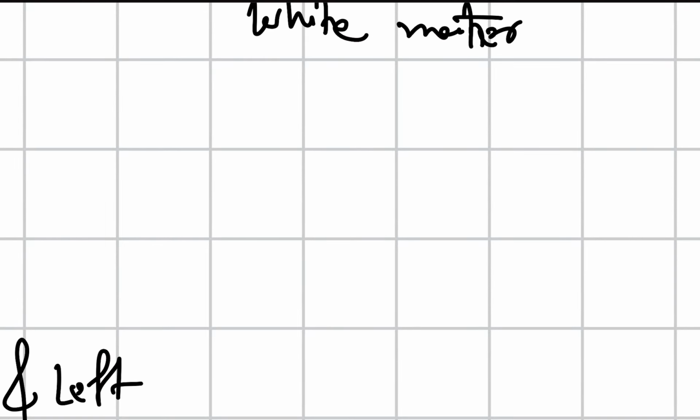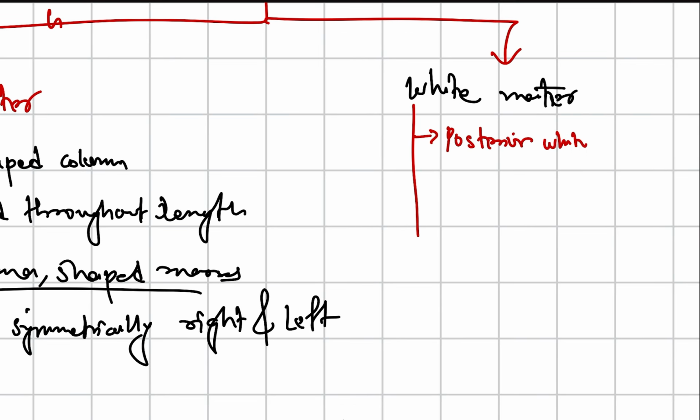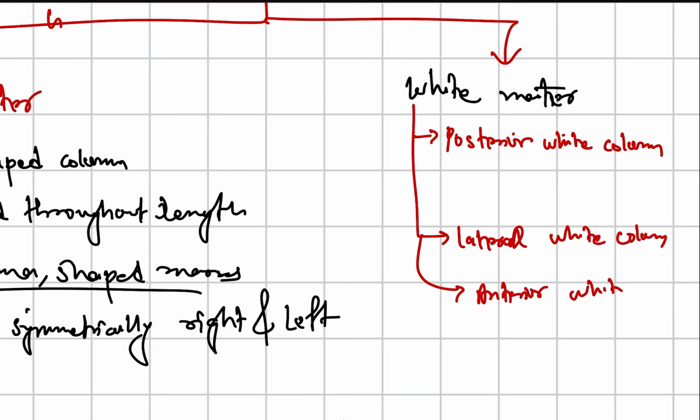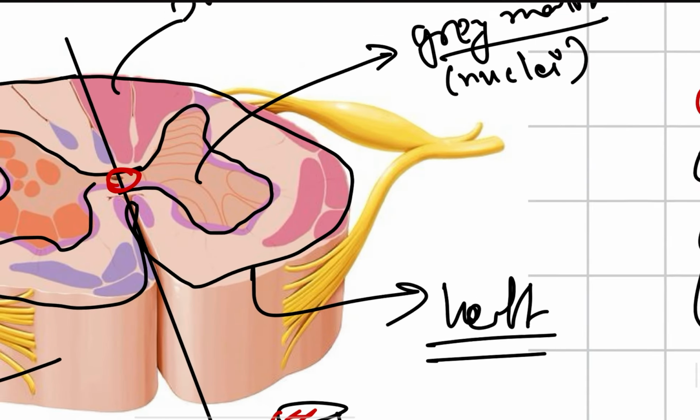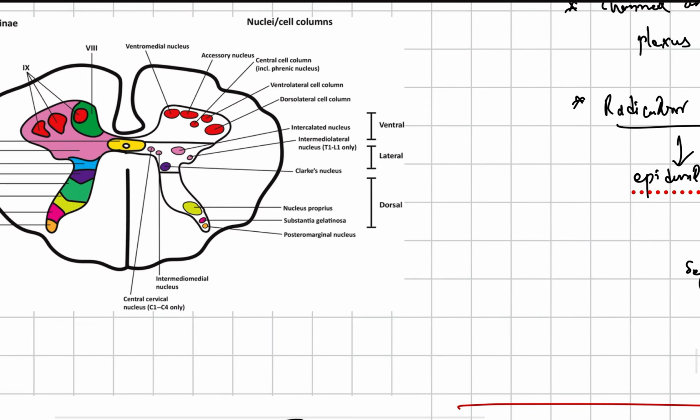Regarding white matter, there are columns: the posterior white column, the lateral white column, and the anterior white column. It is easy to understand in this image.